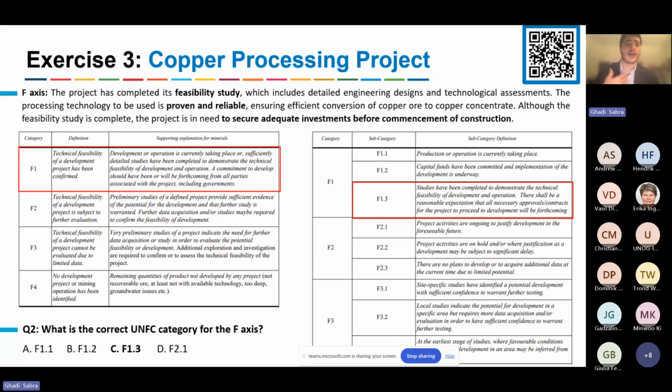So again, they are at high levels of technical feasibility. The technology is proven, and they are at feasibility study. However, if the investments were secured, an F1.2 would be more apt in that case. So the answer is 1.3.